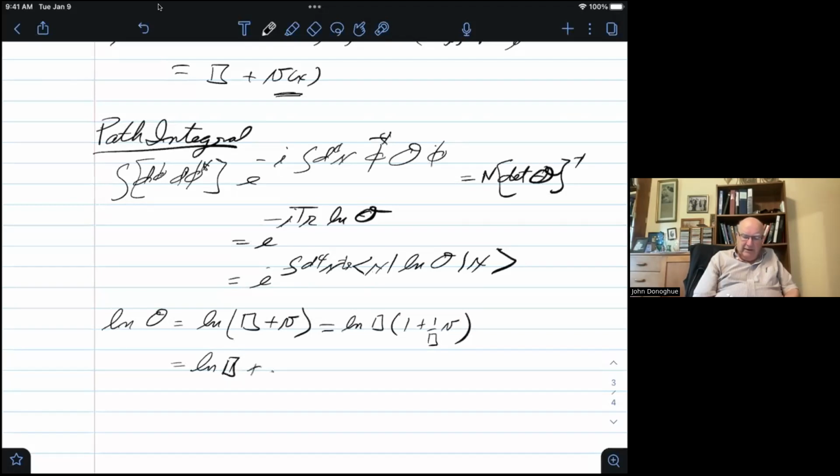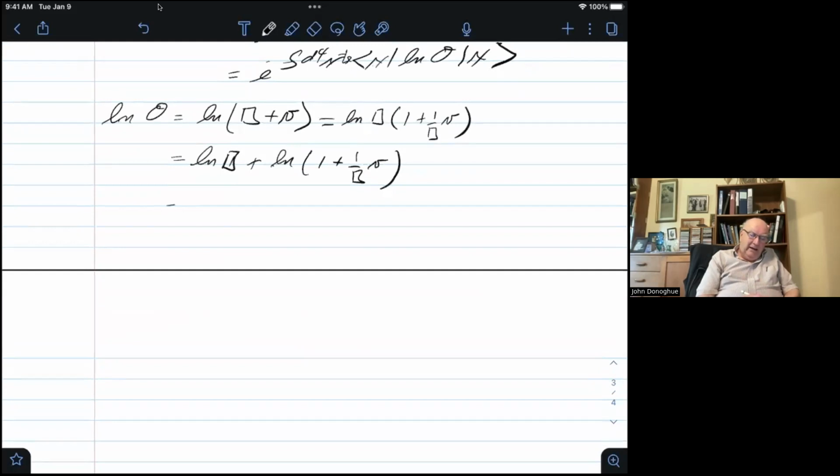So this is log box plus log of 1 plus 1 over box V. That's log box plus, since log of 1 is 0, 1 over box V minus 1/2, 1 over box V, 1 over box V, plus dot dot dot.